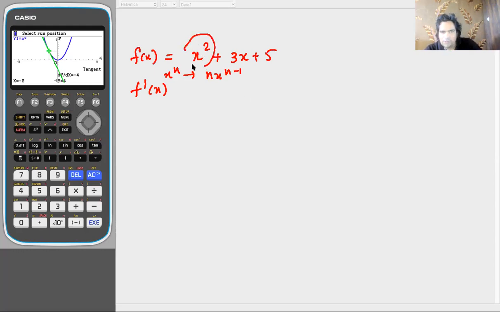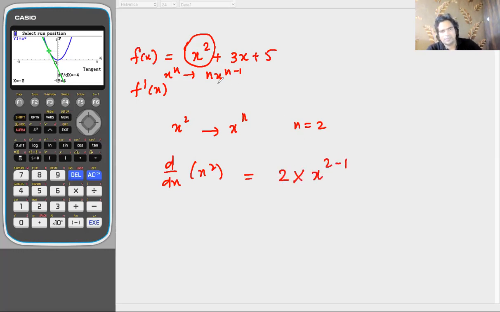For the derivative of x squared, the n value is 2. So it will be 2 times x to the power 2 minus 1, which is nothing but 2x. So the derivative of x squared is 2x.